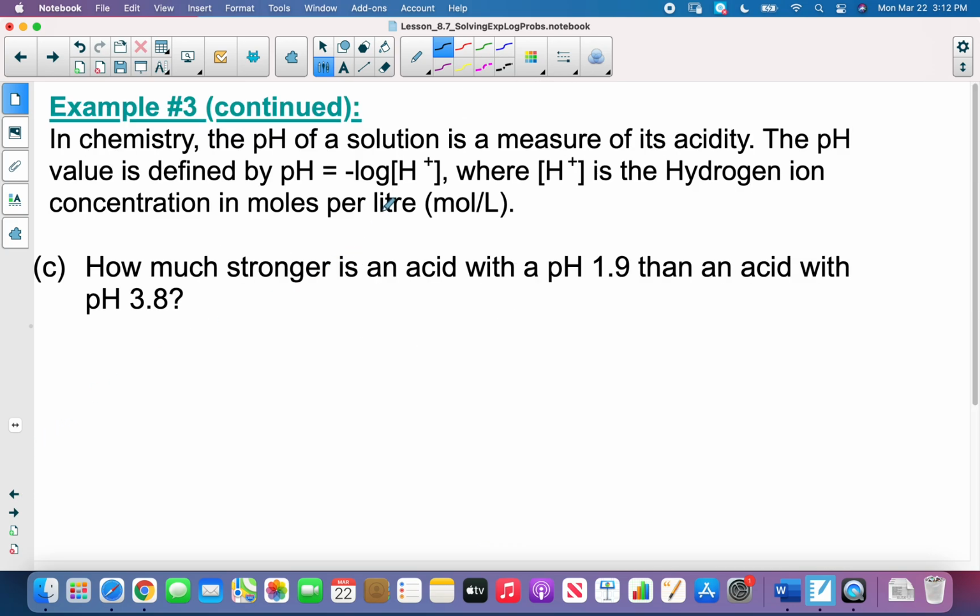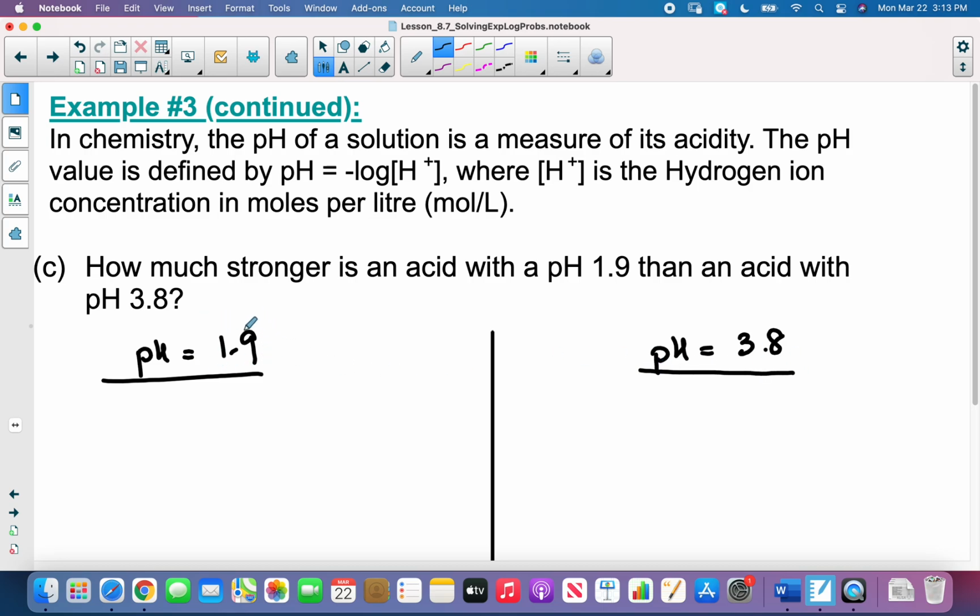In chemistry, we have this definition of pH. How much stronger is an acid with a pH of 1.9 than an acid with a pH of 3.8? So we'll compare two different types of acids. One has a pH of 1.9 with another which has a pH of 3.8.